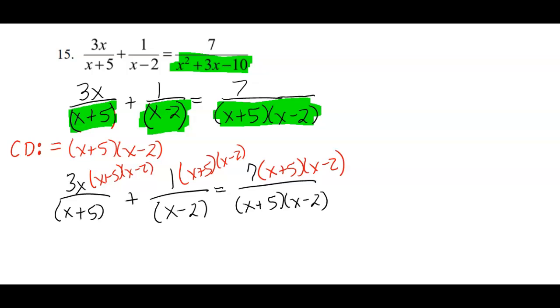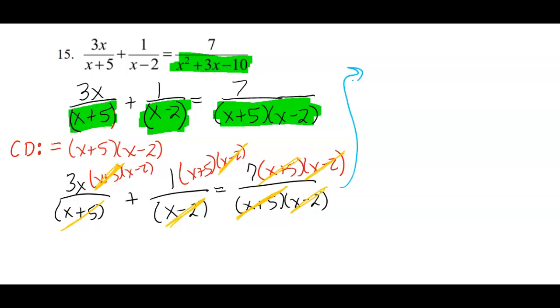So what can I reduce? On the first fraction, common factor of x plus 5 over x plus 5. Second fraction, common factor of x minus 2 over x minus 2. Third fraction, common factor of x plus 5, and also a common factor of x minus 2. So now, rewriting my next set.